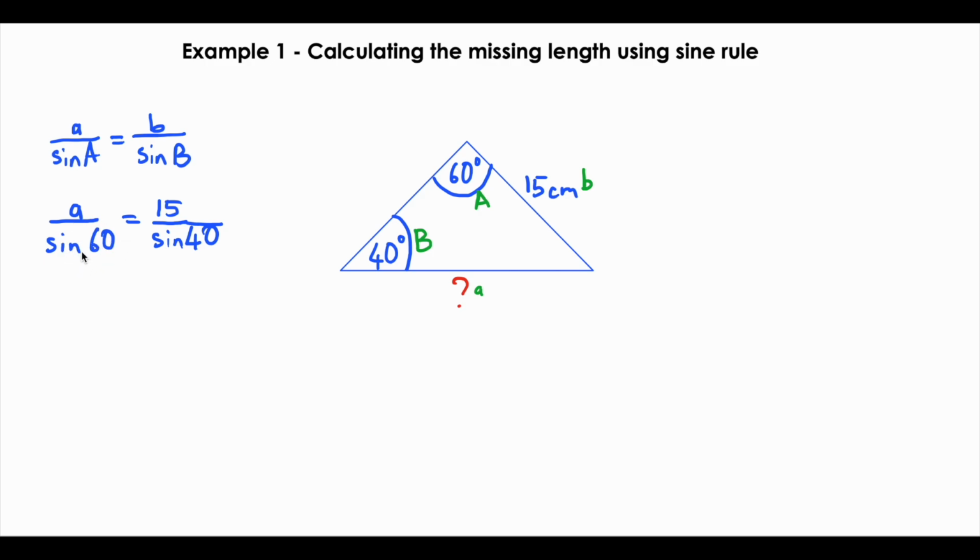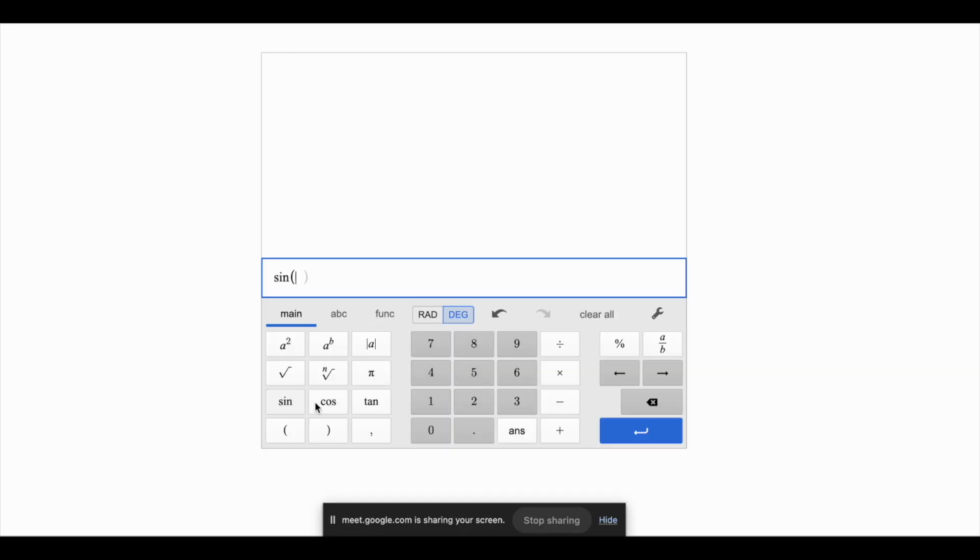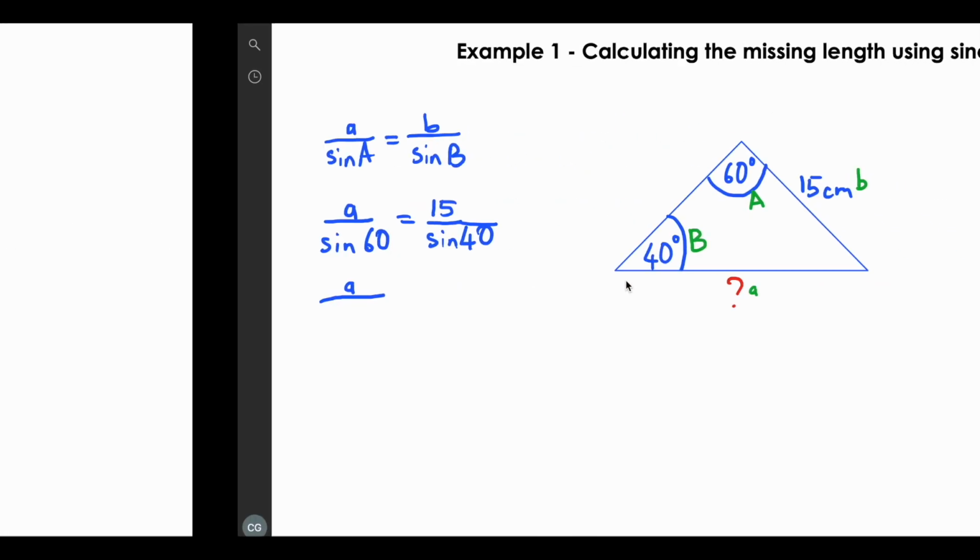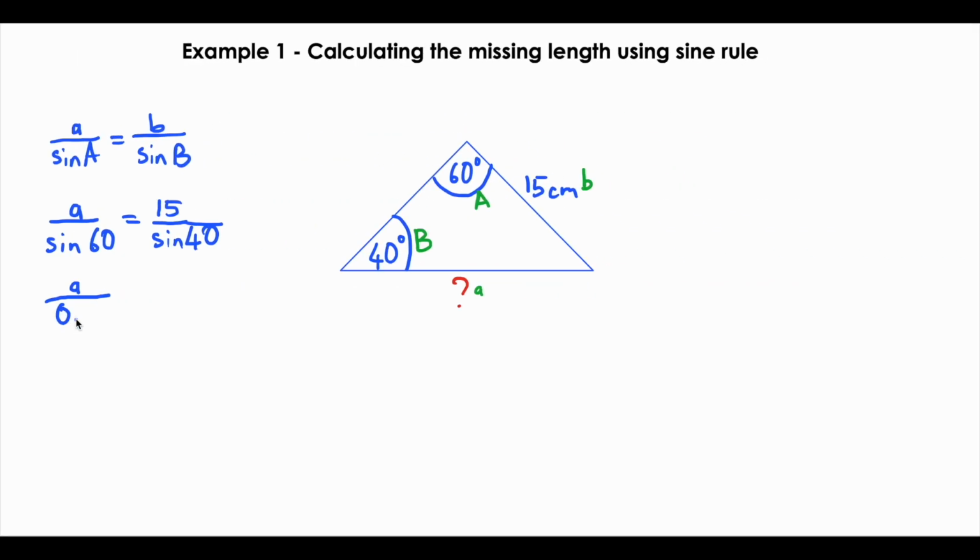All right. So now my next step would be to work out what these sine values actually give me. And how many decimal places do we usually put them to? We put them to 3. So we have A over sine 60, and sine 60 is 0.866, which is equal to 15 over sine 40.